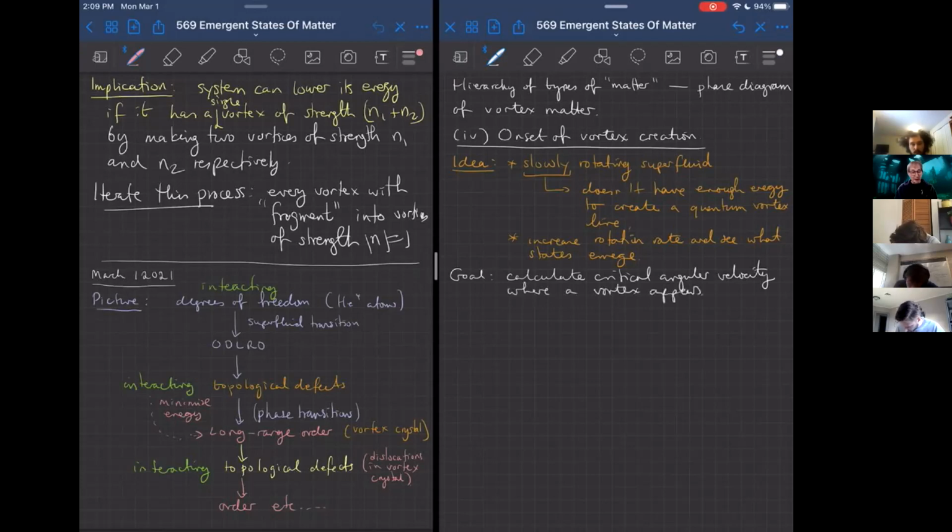So that's really just a question of energetics. The way we're going to do this is by transforming between a frame that is in the laboratory and a frame that is co-rotating with the fluid.